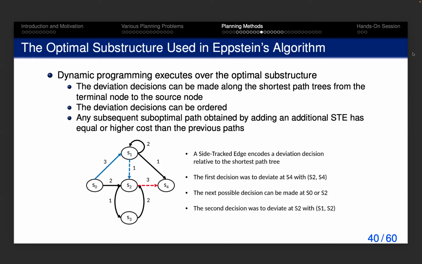The next deviation decision can be made either here or there, according to the shortest path tree. The second decision that we saw in the example was adding one more sidetrack edge here, which gave cost 7. So you see that you can read off these suboptimal paths with increasing cost by following this kind of structure, right?